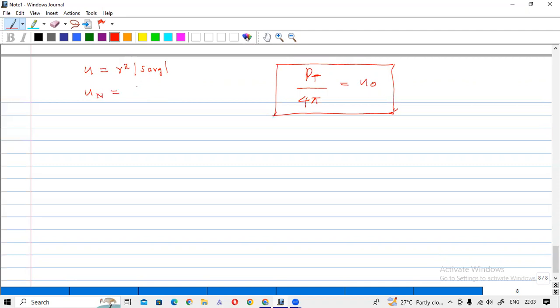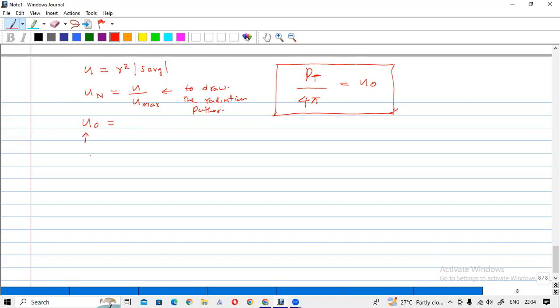That is nothing but the radiation intensity divided by the maximum radiation intensity, and we use this to draw the radiation pattern. And also you have defined U naught, that is the radiation intensity if that antenna is radiating uniformly in all directions. So that is the definition.